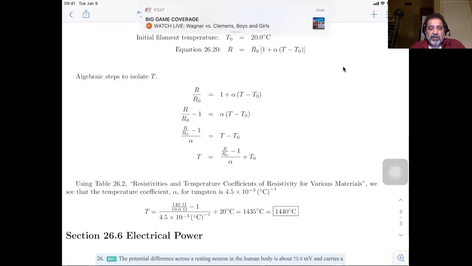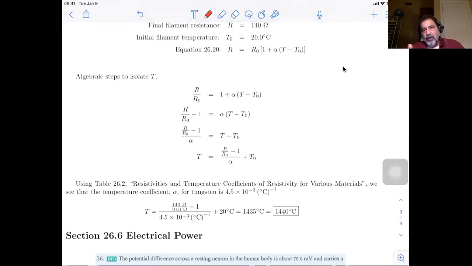T is equal to 140 ohms divided by 19 ohms minus 1 divided by the temperature coefficient, 4.5 times 10 to the minus 3 inverse degrees Celsius plus 20 degrees Celsius. And we end up with 1435 degrees Celsius, or to 3 significant digits, 1440 degrees C.